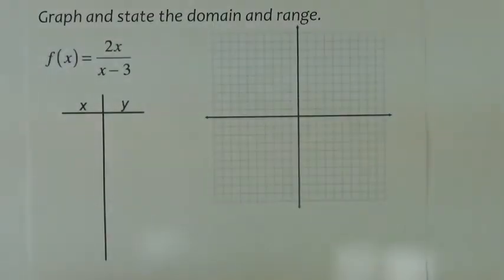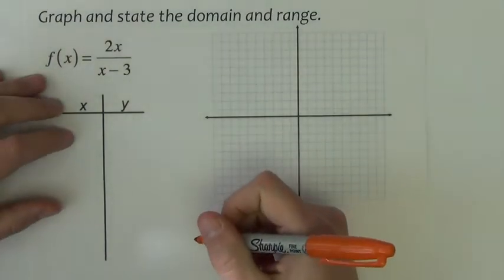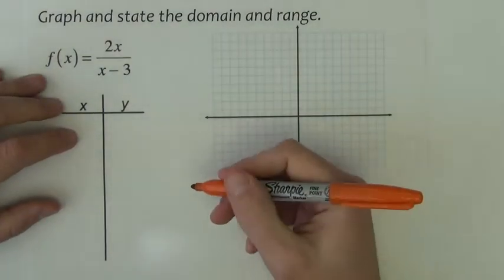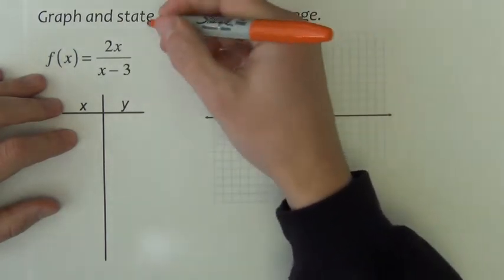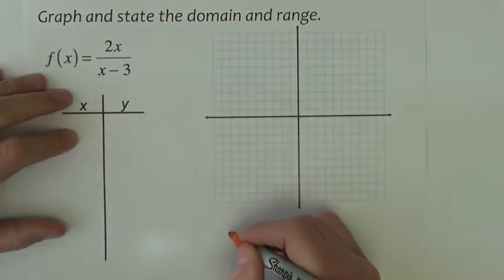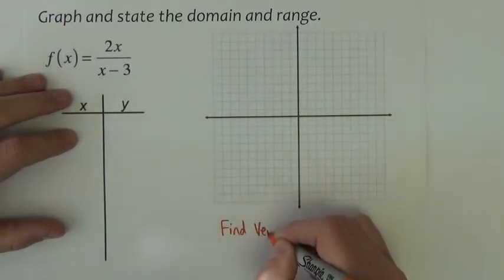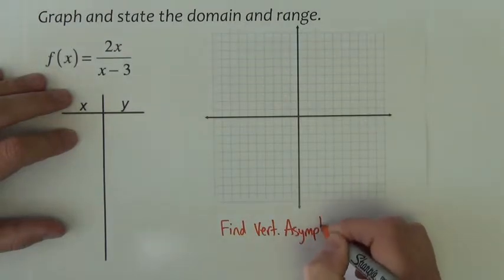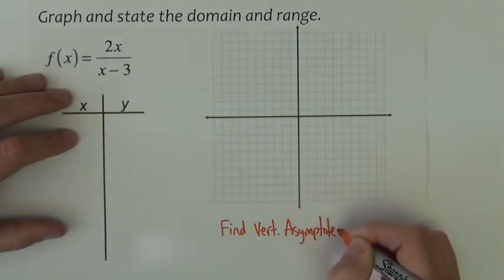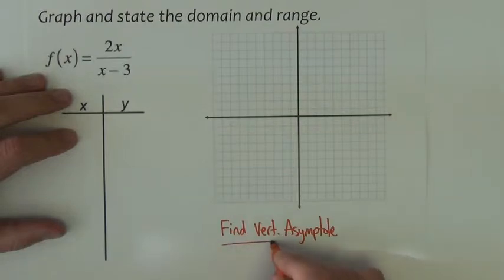Alright, the directions say graph, and state the domain and range. The first thing that I typically do is find the vertical asymptote. And it's pretty easy to do.